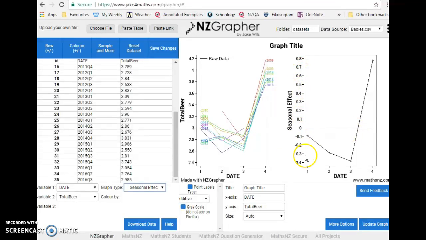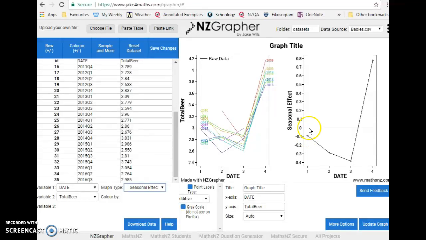Notice the scale has changed, and a 0 quarter means that there is 0 seasonal effect. A -1 seasonal effect means it's, in this instance, 0.1 million litres below the trend.